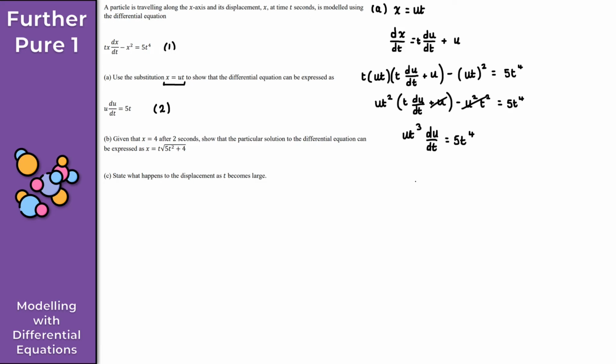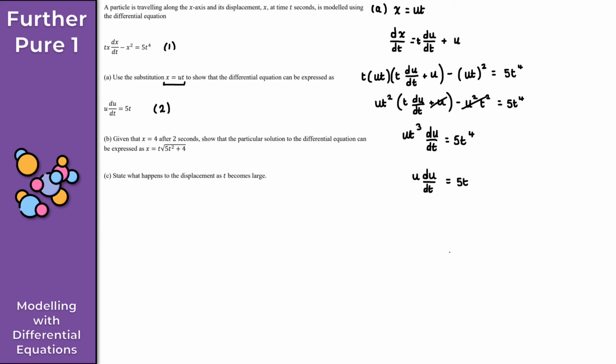At this point, we're getting pretty close to the required differential equation. So let's just divide both sides by t cubed. What I get on the left-hand side, nice and straightforward, is simply u du by dt, and that is all equal to 5t.